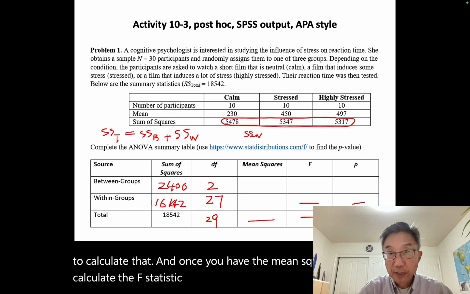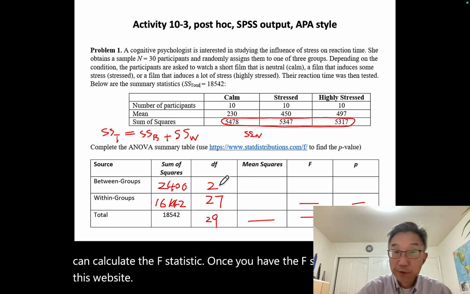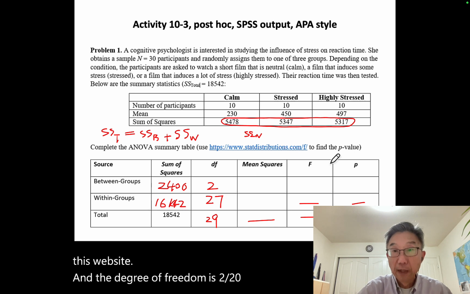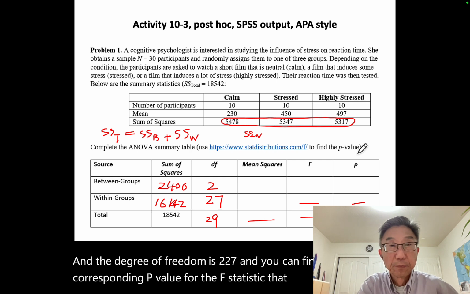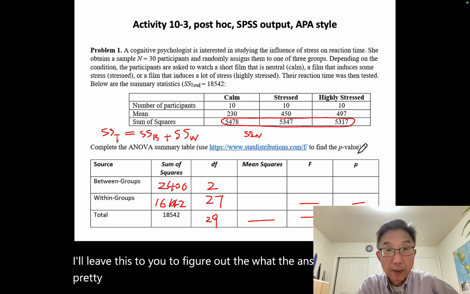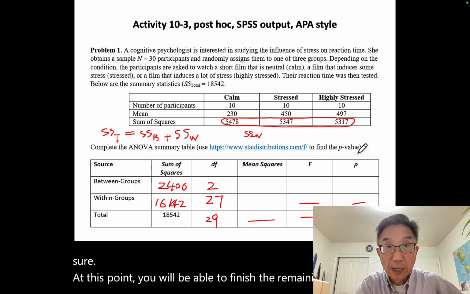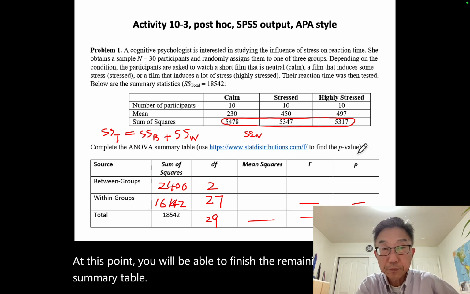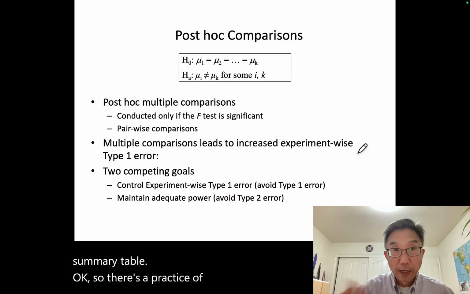Once you have the F statistic, go to this website, enter degrees of freedom 2 and 27, and you can find the corresponding p-value for the F statistic that you calculated. I'll leave this to you to figure out the answer, and I'm pretty sure at this point you will be able to finish the remainder of this summary table. Okay, so that's a practice of the omnibus F-test.